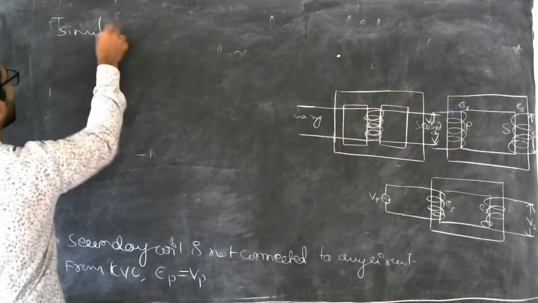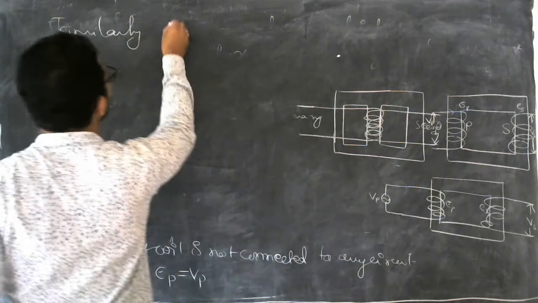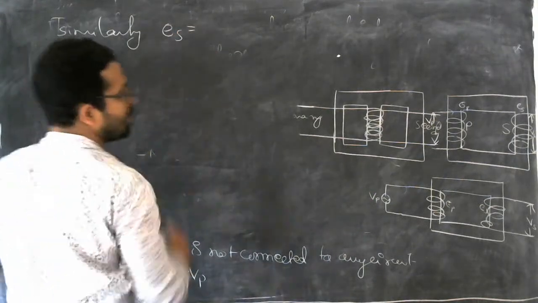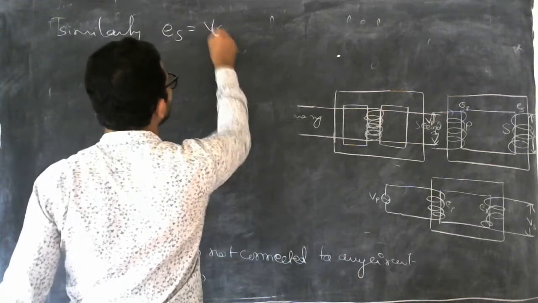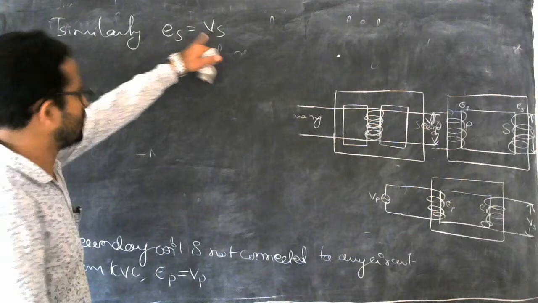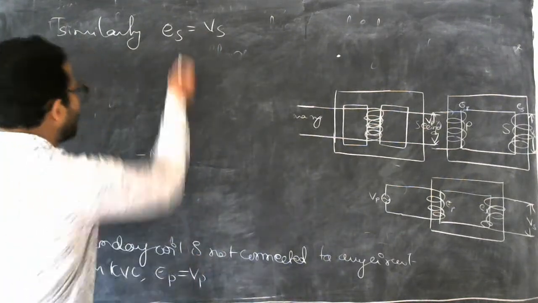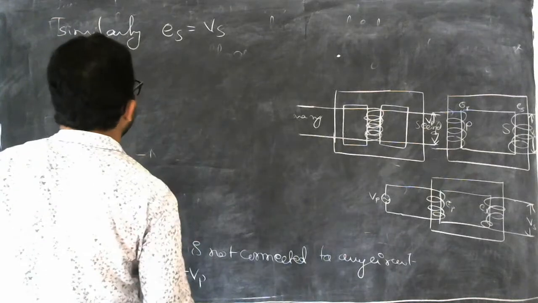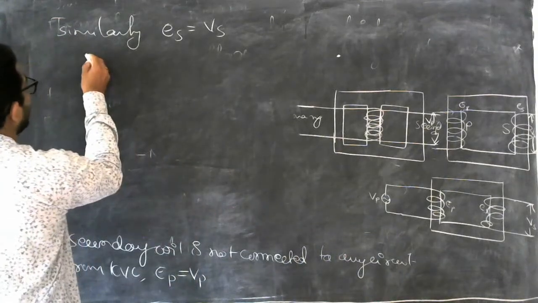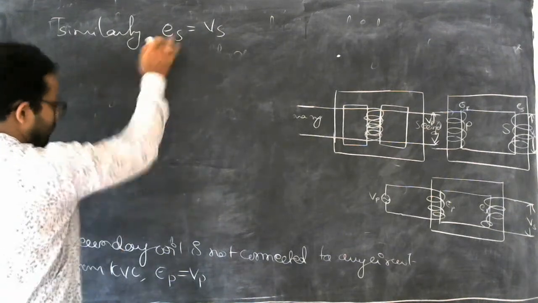Similarly, ES is equal to VS. So now we wrote ES is equal to VS as well as EP is equal to VP. Already we have written the equations for ES and EP.